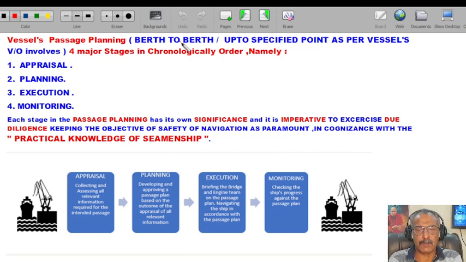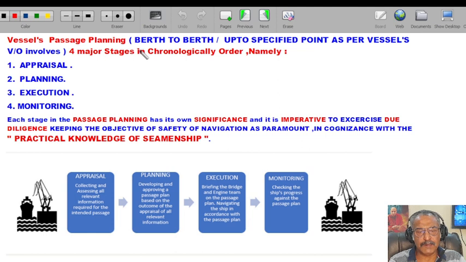So this is how the passage plan should be made comprehensively, taking all the parameters into account, be it the squat, UKC calculation, each and everything, your waypoints, your weather warnings, your Navtex warnings, taking everything into consideration for each and every leg. So the passage planning should be from berth to berth up to the specified point as per the vessel's voyage orders, whatever the voyage order says.